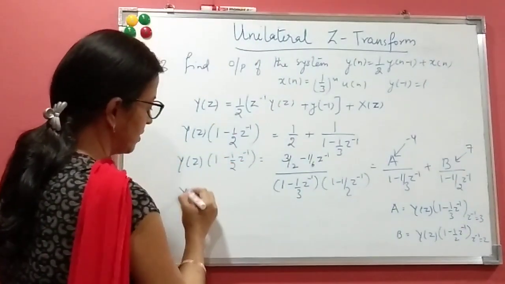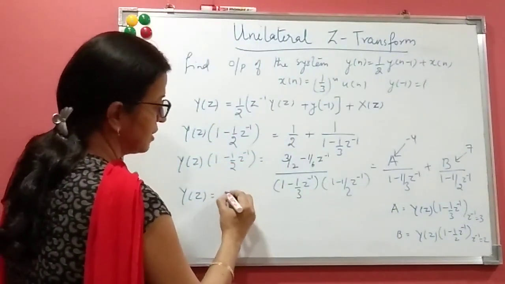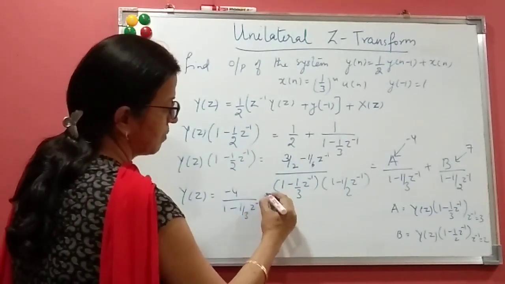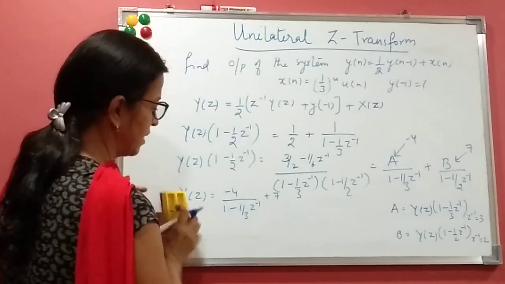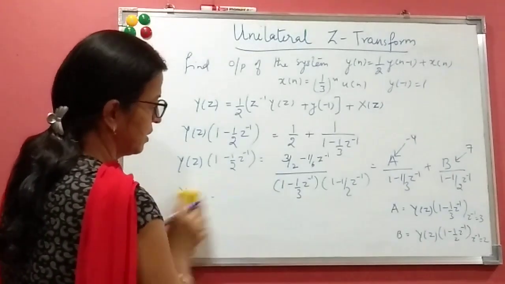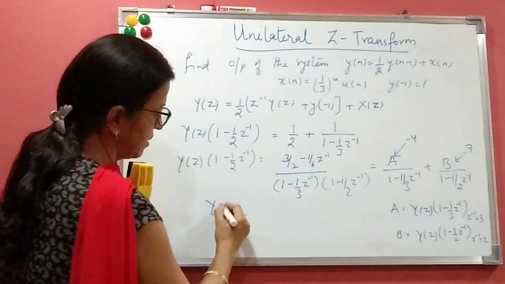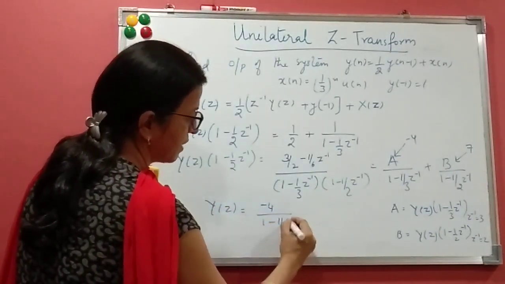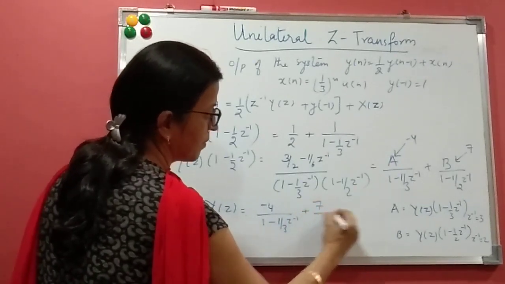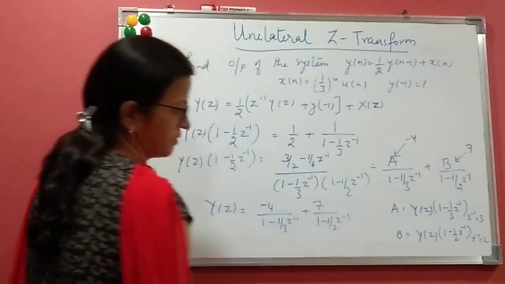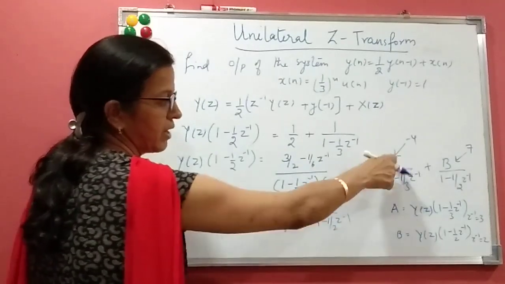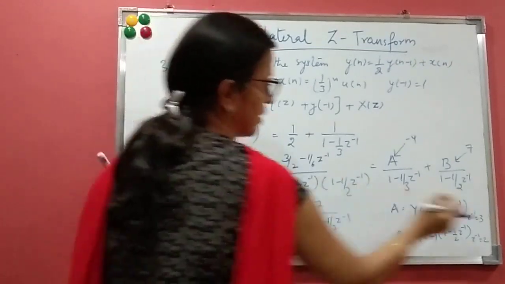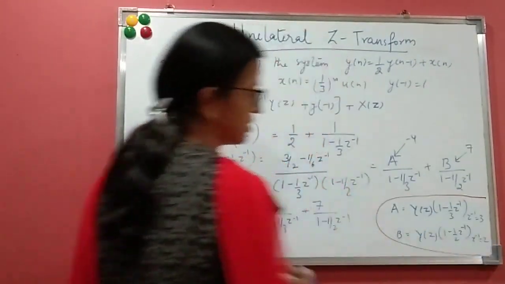So Y of z is minus 4 upon 1 minus 1 by 3 z inverse plus 7 upon 1 minus half z inverse. A and B we got like this using Cauchy's residue theorem.